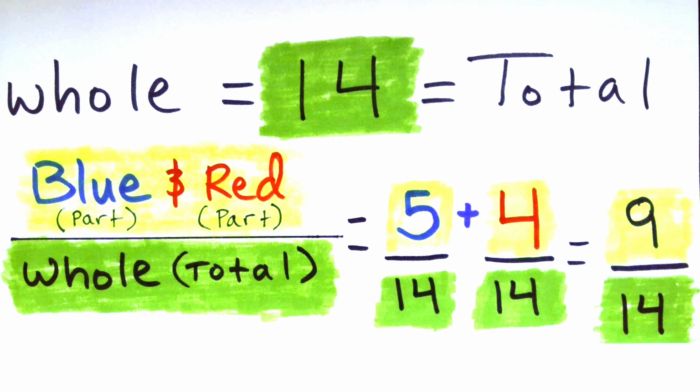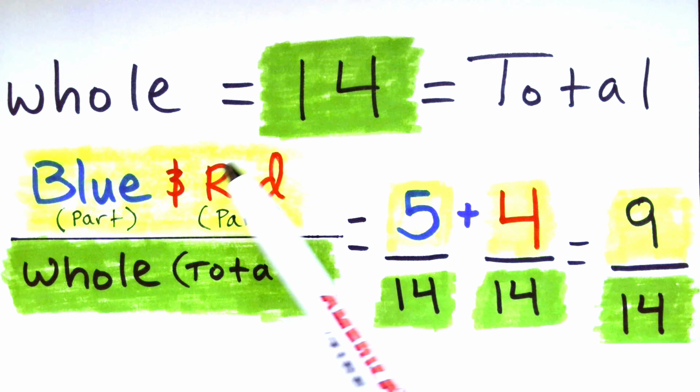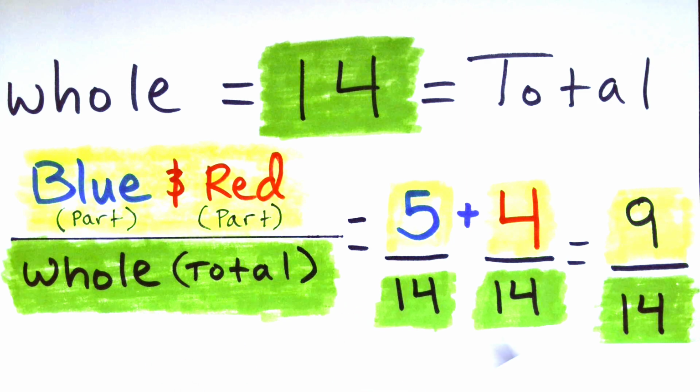For this particular problem, our fraction is going to be represented right here: blue coins plus red coins over the whole or the total. Since our total was 14, that means 5 over 14 plus 4 over 14, which I'm showing you here. Now, are the denominators the same? Yes.